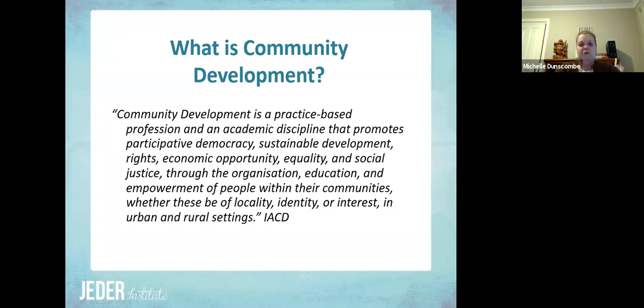So what is community development? We've just spoken about what it means to each of us during check-in, but this is the definition from the International Association for Community Development, or IACD. It was co-created by members globally, I think back in 2013 or 14.